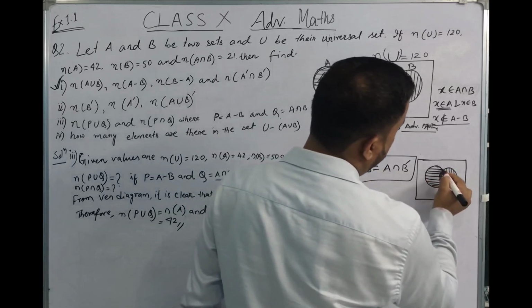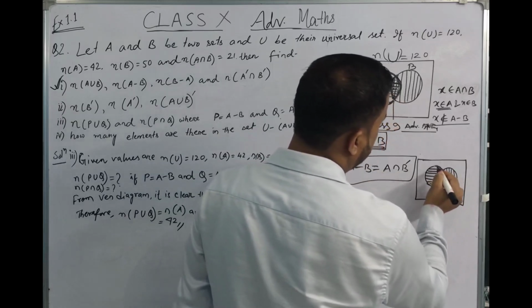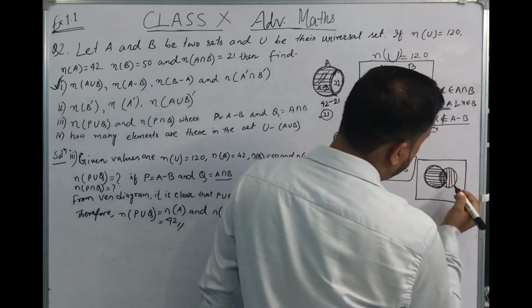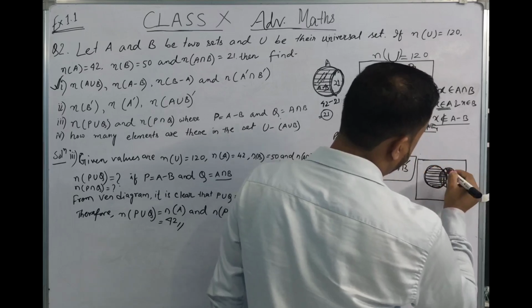This is the set A intersection B complement. What is B complement?